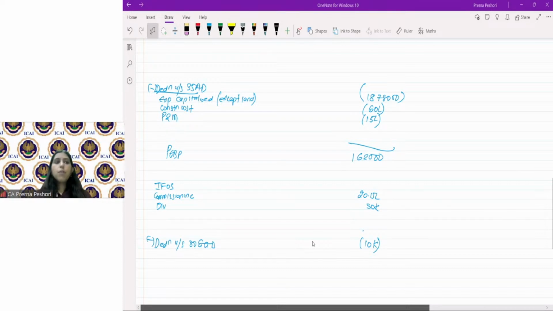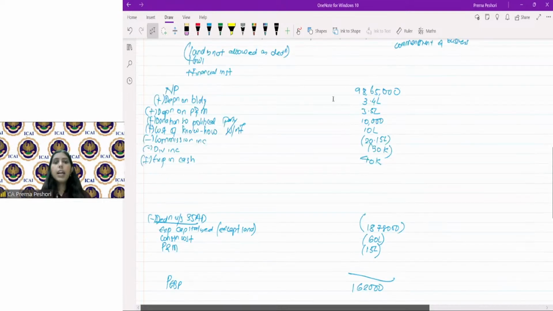Yes, then what about the brought forward business loss and the specified business loss? I have the brought forward specified business loss of 2 lakh.